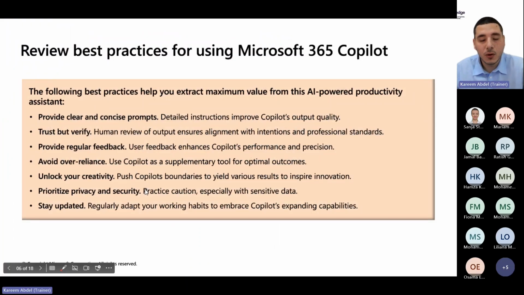Now, before I start working with Copilot, I need to understand what is the best way to communicate with Copilot. How can I make sure that the prompt that I'm creating is the most effective one? Because at the end, there's a certain outcome that I'd like to achieve, and creating that prompt effectively will help Copilot use that prompt to generate the response that I'm waiting for.